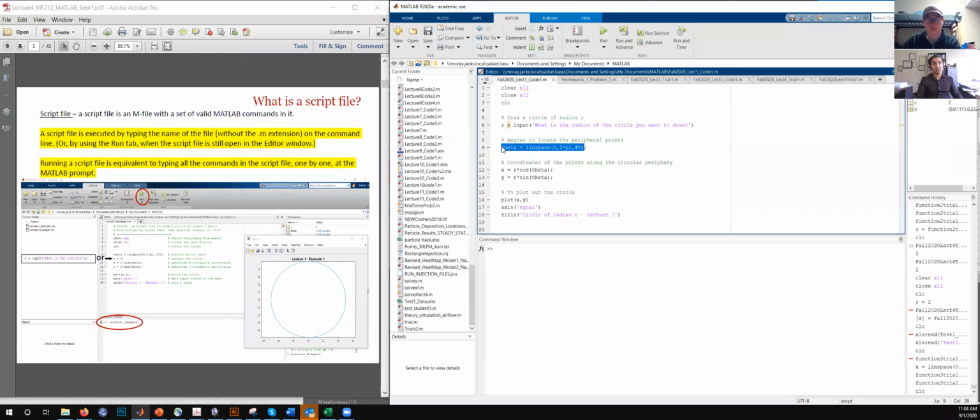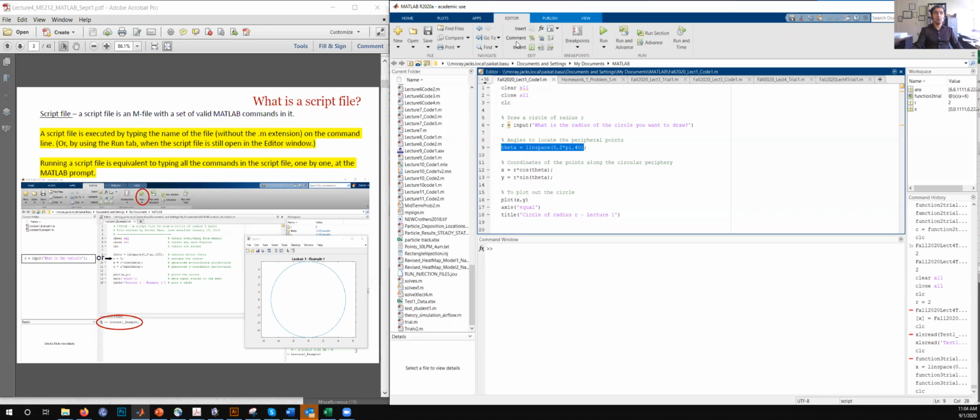So this is how I set up an array of angles, and we use those angles to figure out the coordinates of each point on the circumference using trigonometry. So r cosine of that angle is going to give you the x coordinate, and r sine of that angle is going to give you the y coordinate of that arbitrary point on the circumference, and then we plot it.